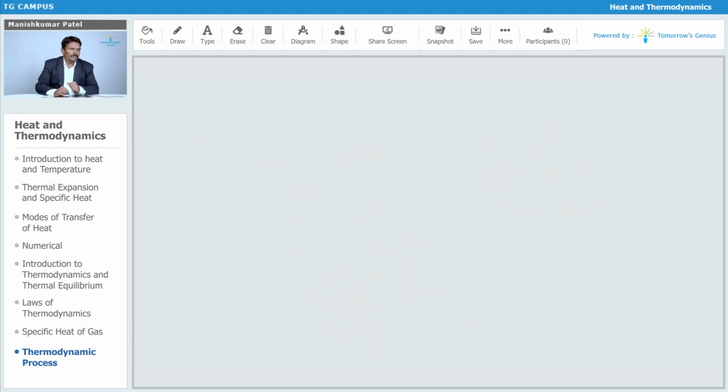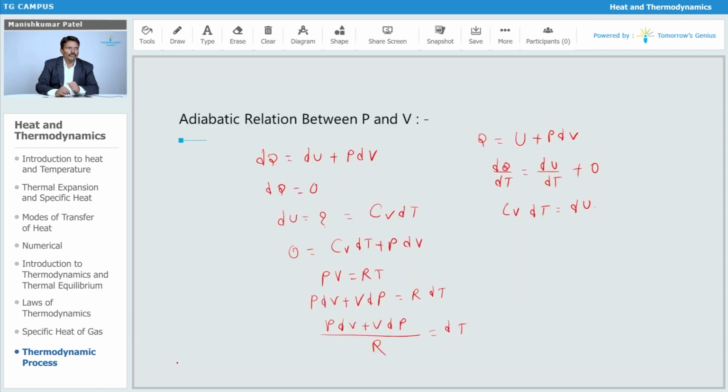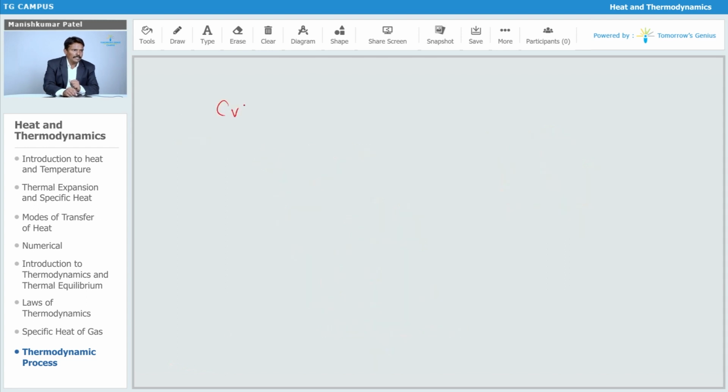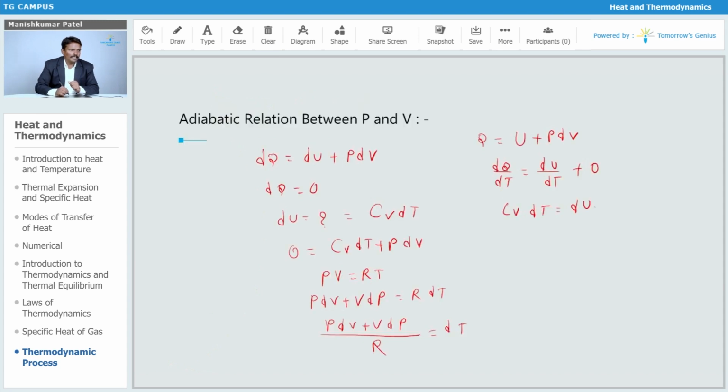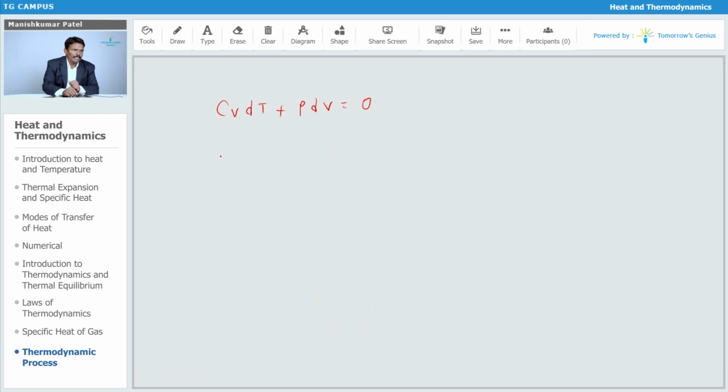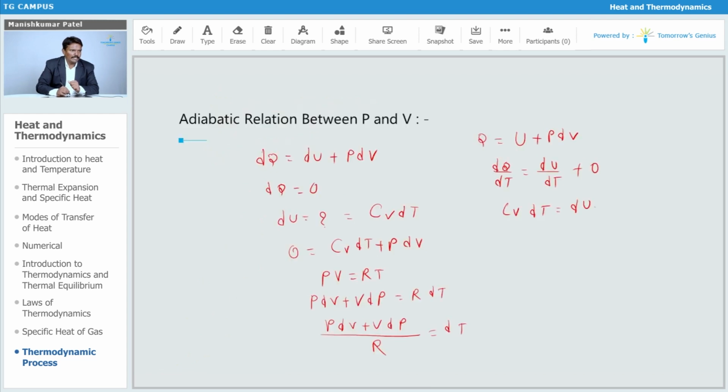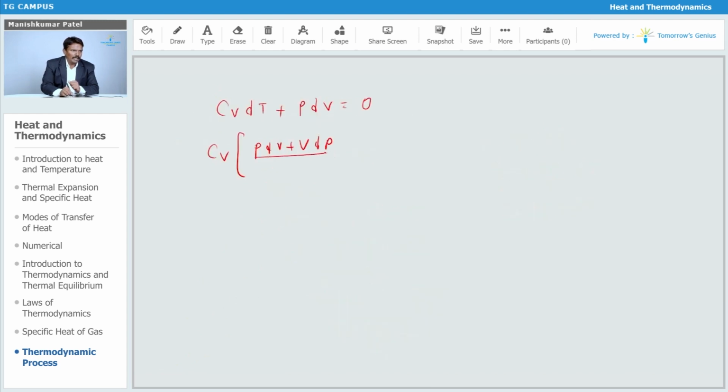Now put the values in Cv dT plus P dV is equal to 0, with dT equal to (P dV plus V dP) divided by R. So Cv (P dV plus V dP) upon R plus P dV is equal to 0.